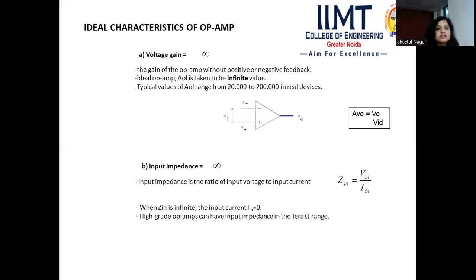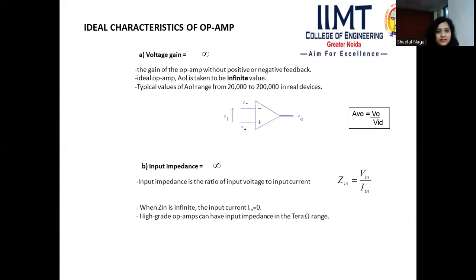The first one is that the voltage gain of the ideal operational amplifier must be infinite. This is the gain without positive or negative feedback. Typically, the value is 20,000 to 2 lakhs in real devices. It's very high, but ideally it must be infinite.